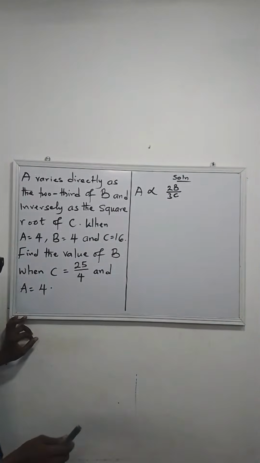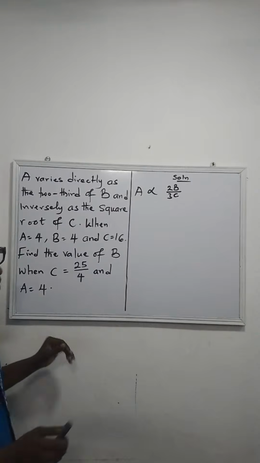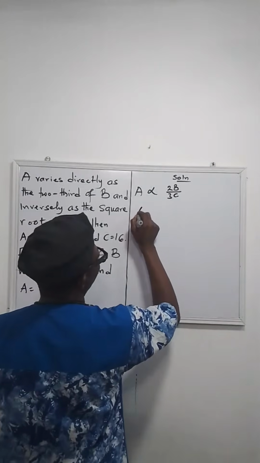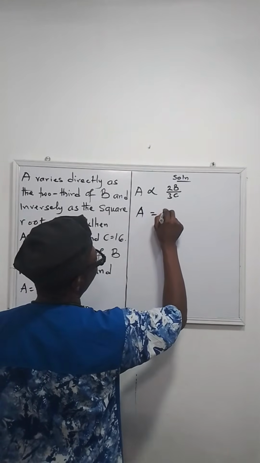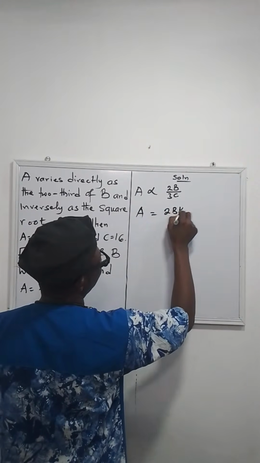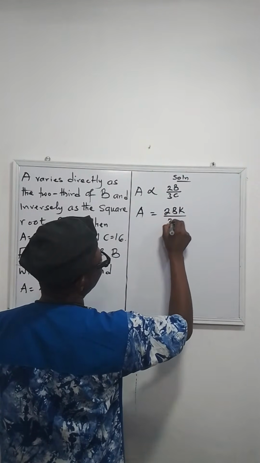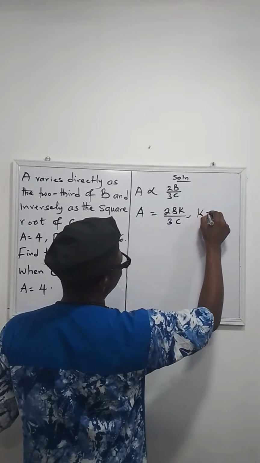Now we introduce the proportionality constant. We have A equals 2BK over 3 square root of C, where K is the constant.